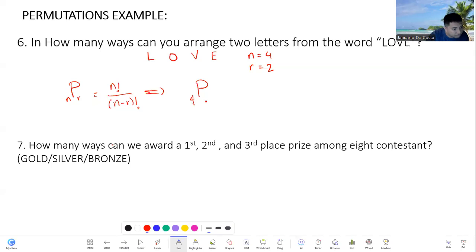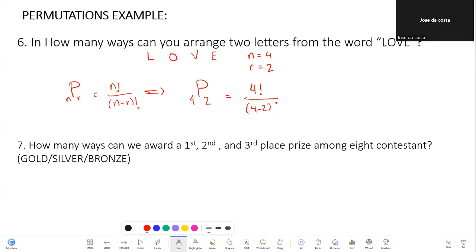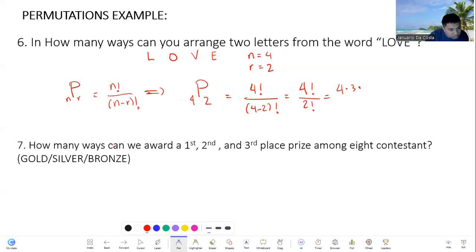P of N is 4, R is 2, which is equal to 4 factorial over 4 minus 2 factorial, which is just simply 4 factorial over 2 factorial, which is simply equal to 4 times 3 times 2 factorial over 2 factorial, and I'm just going to cancel this out. I'm left with 12. So there are 12 possible ways in which you can arrange 2 letters from the word love.